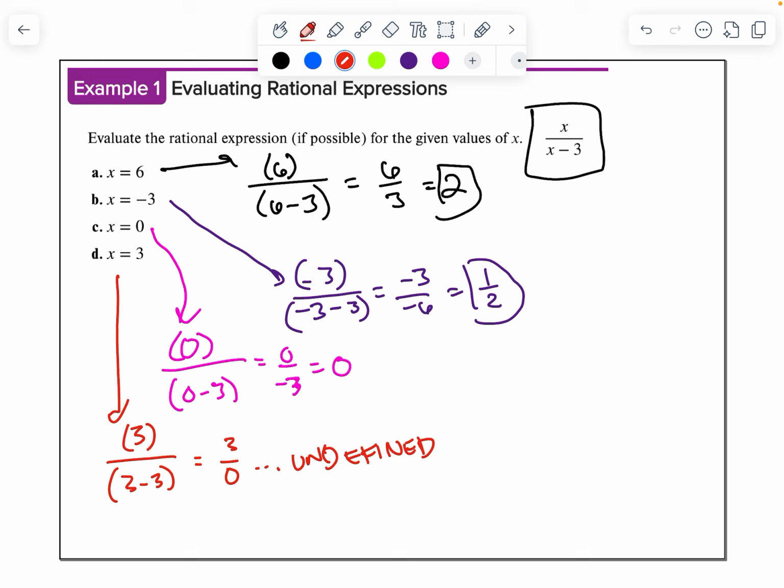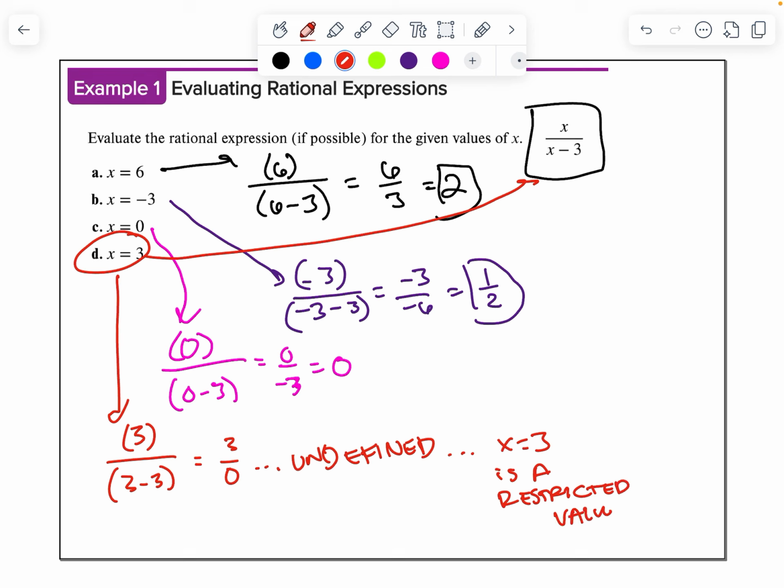We can evaluate for a lot of numbers, but there are numbers that we cannot evaluate these rational expressions for, and those are numbers that make the bottom 0. Notice, since 3 minus 3 is 0 in the denominator, x equals 3 is a restricted value. We also call those restrictions a lot of times.